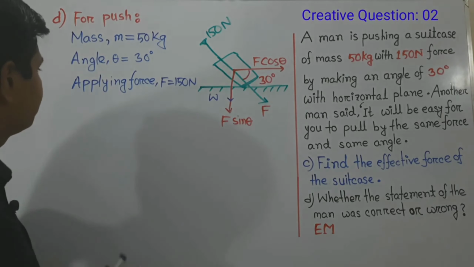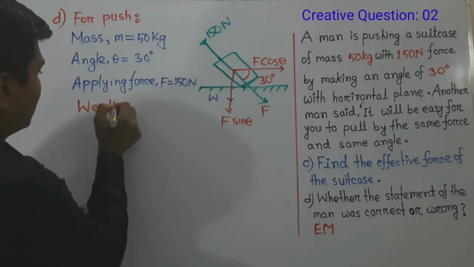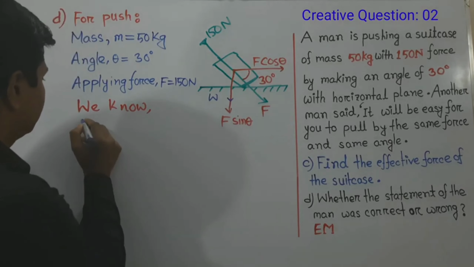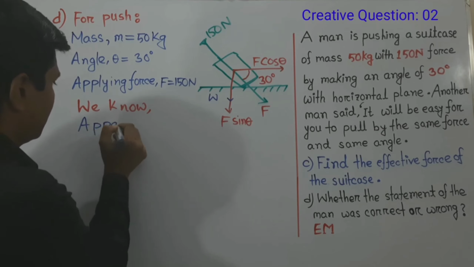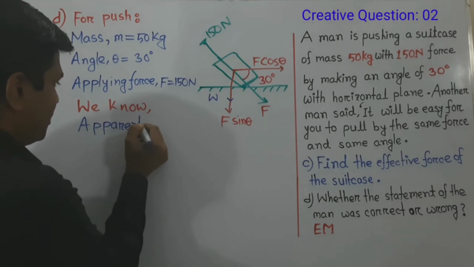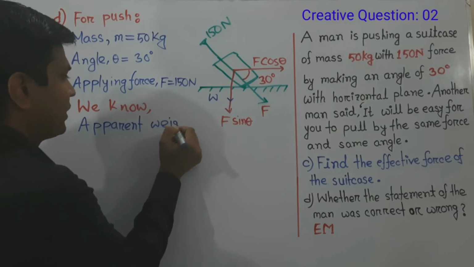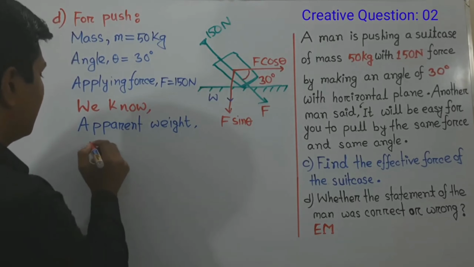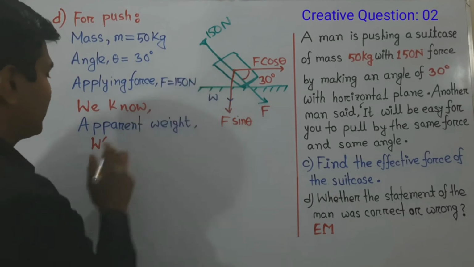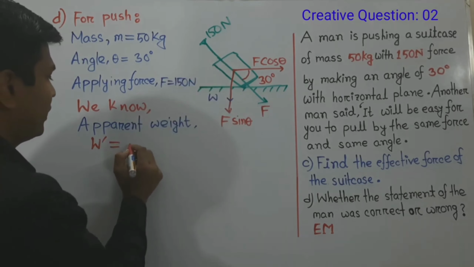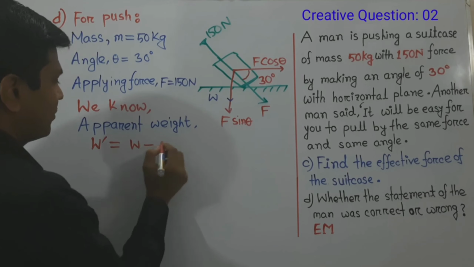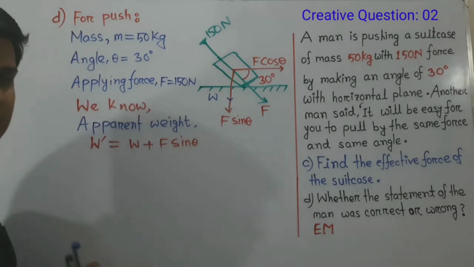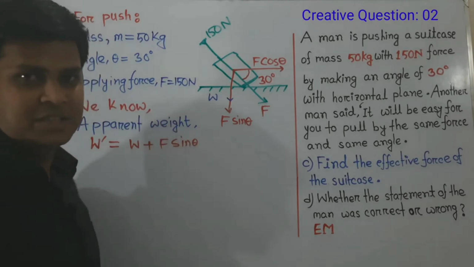So we can write here, we know apparent weight. Suppose we consider the apparent weight of that suitcase is W prime, and the formula will be weight plus vertical component of the force, that is W plus F sin theta.